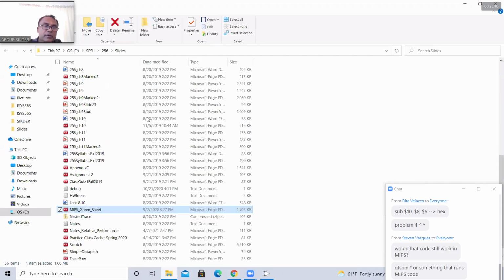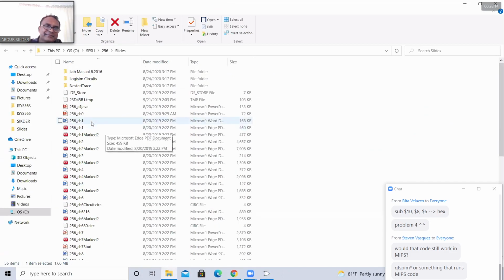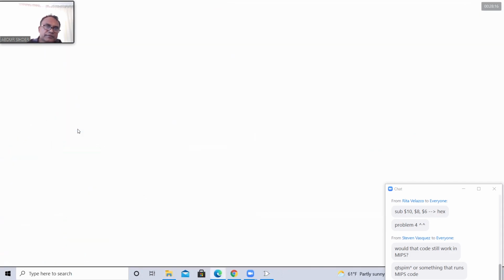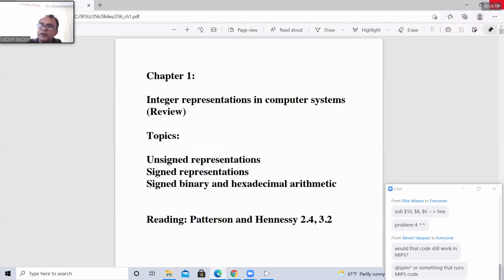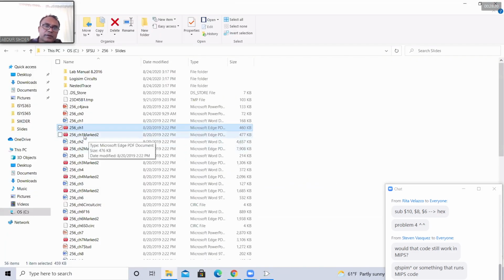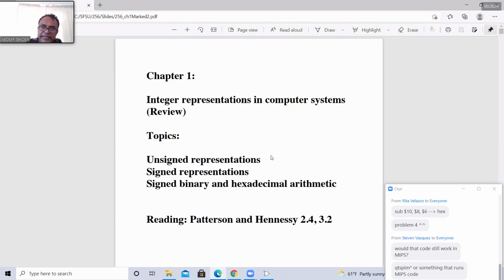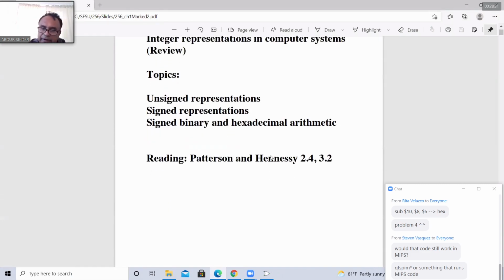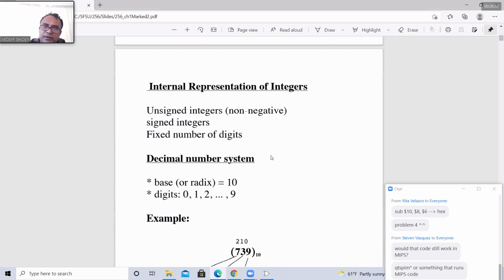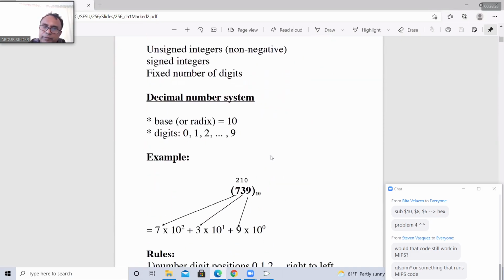Now, next chapter, chapter 1. Now this. The integer representation in computer systems. The unsigned representation, signed representation, signed binary and hexadecimal arithmetic. So you're very familiar with this, how to convert from decimal to binary.